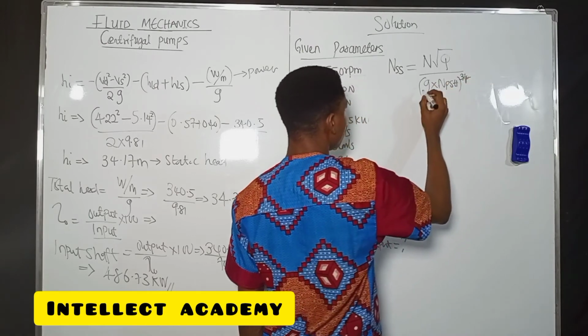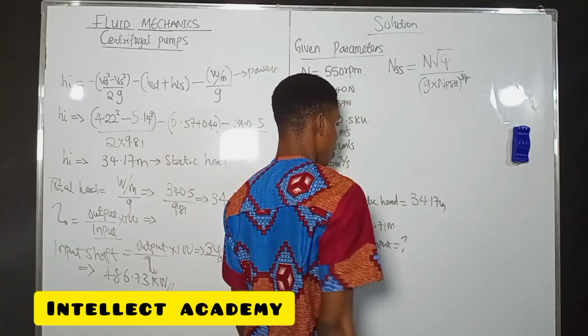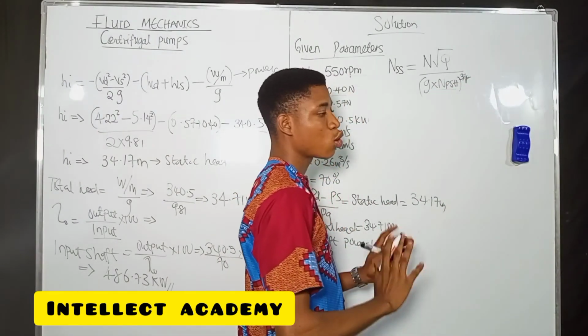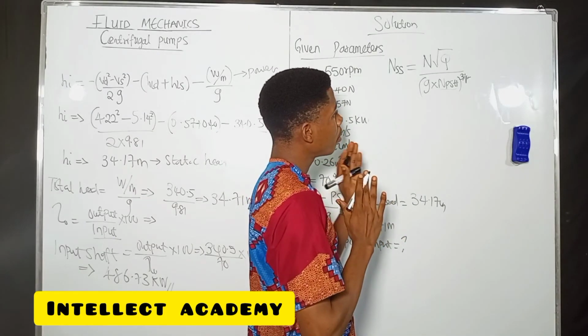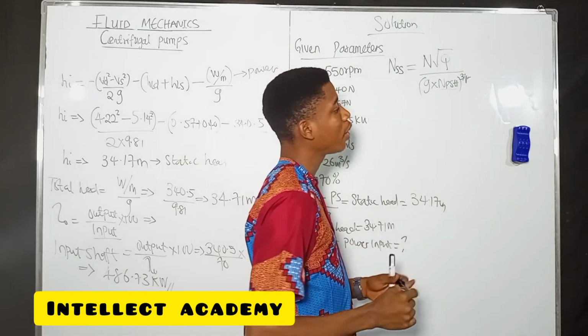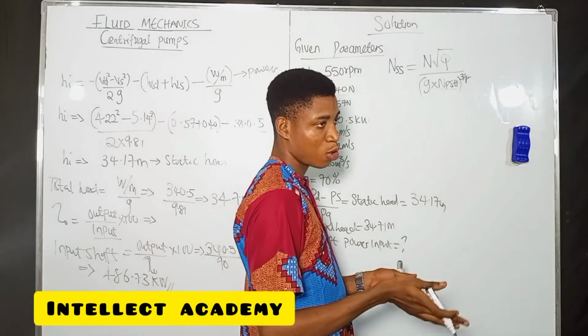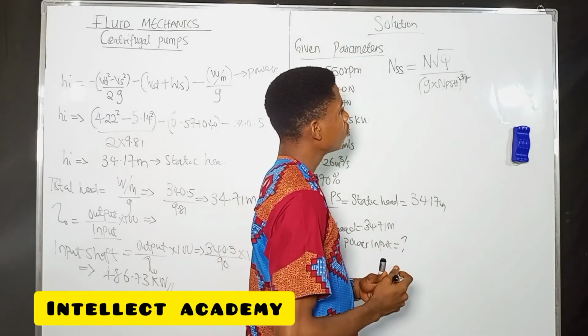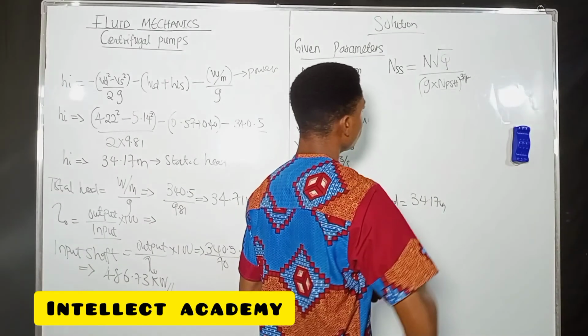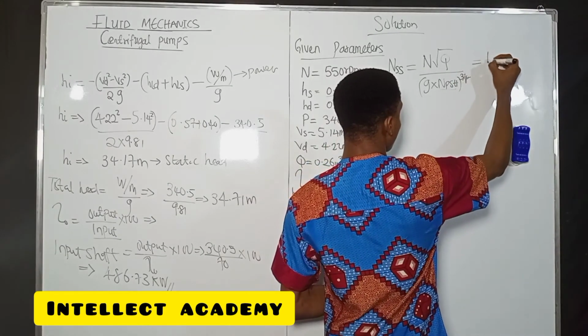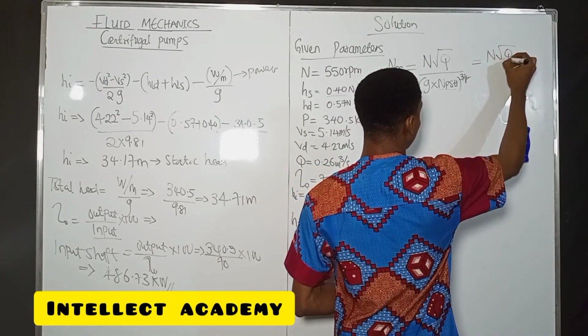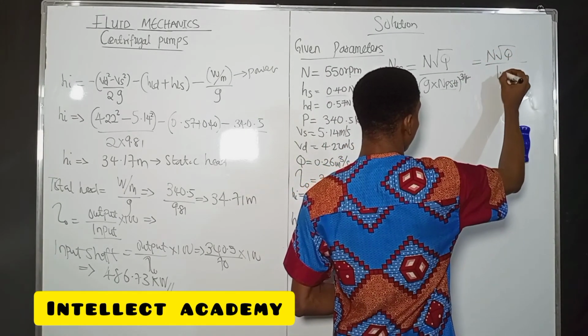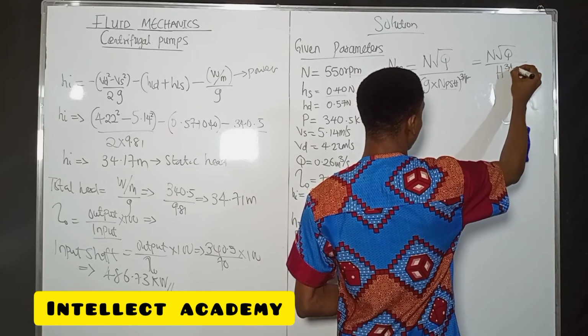So in this case, this NPSH is known as what? The total suction head. It's more like total suction pressure. So this can also be given as N square root of Q, which is the discharge, over the total head raised to power 3/4.